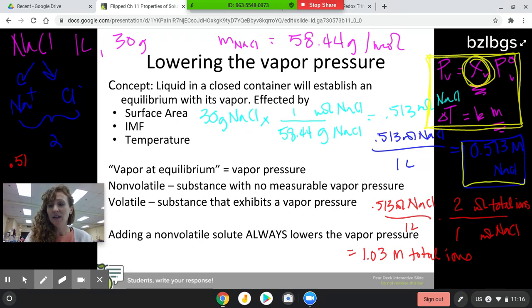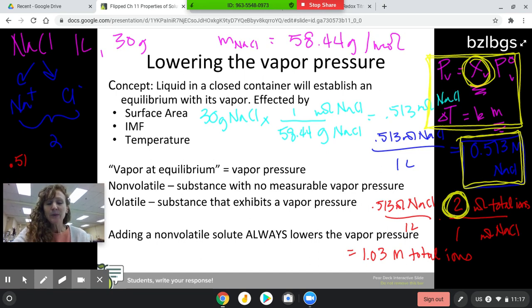We calculated molarity in terms of our compound, sodium chloride, and then we multiplied by our total ions, so we did that in our conversion. You can do that in your conversion and plug it in for your concentration, which so far is either your mole fraction or molality.